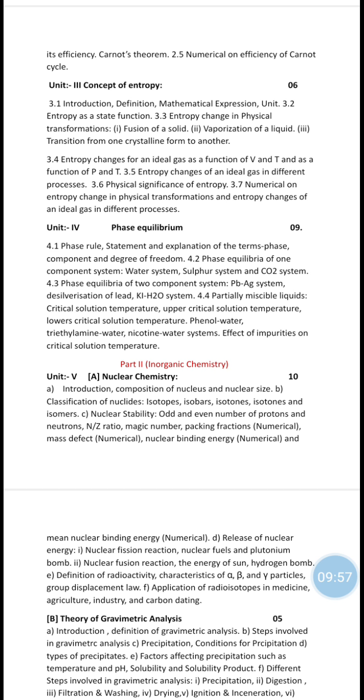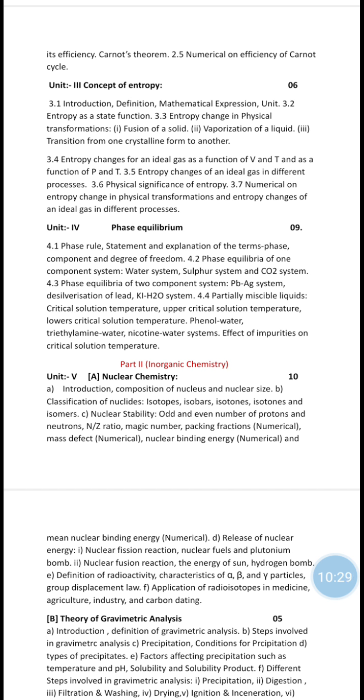And there are some terms by using which we can determine some of its properties or quantities, such as phase, component, and degree of freedom. Then we will see one by one the phase equilibria of various components, that is one component system, two component system, three component system, all those.